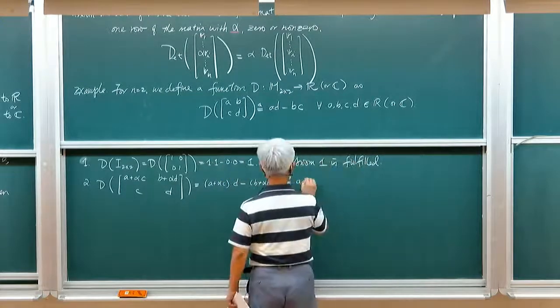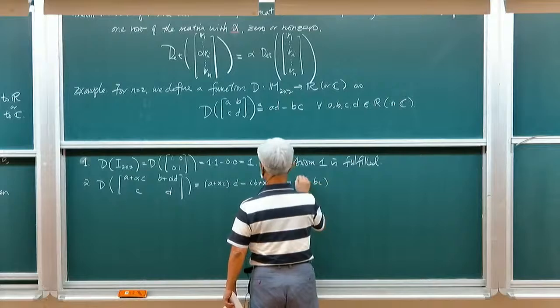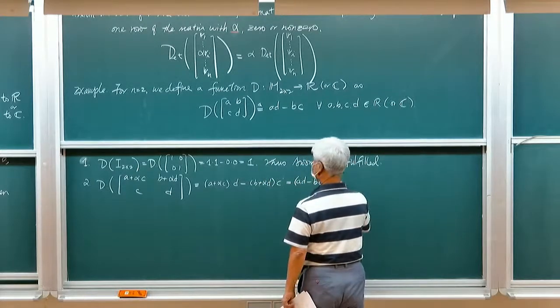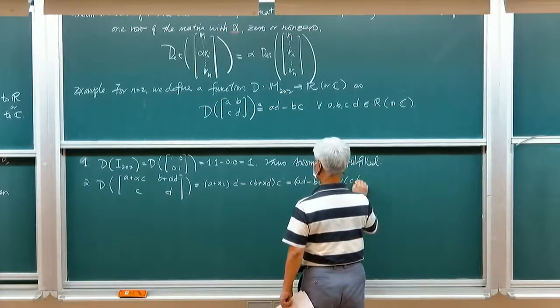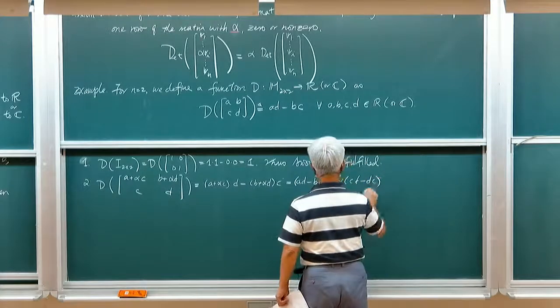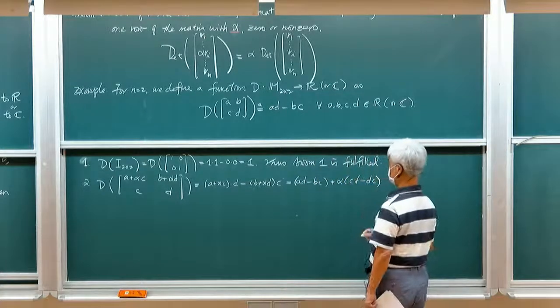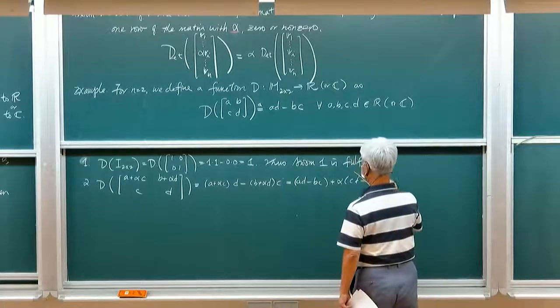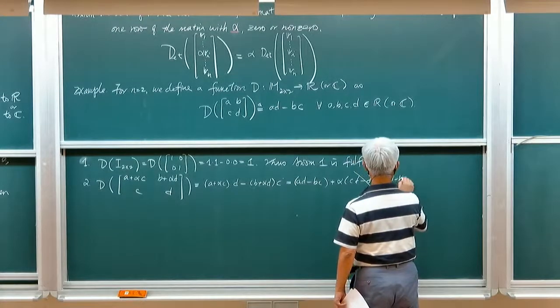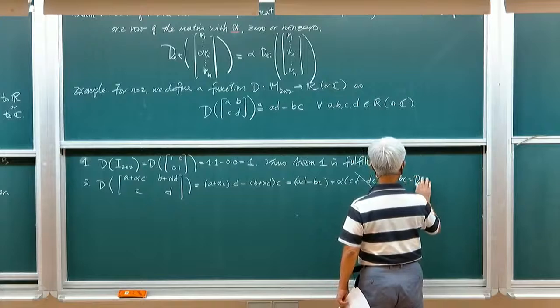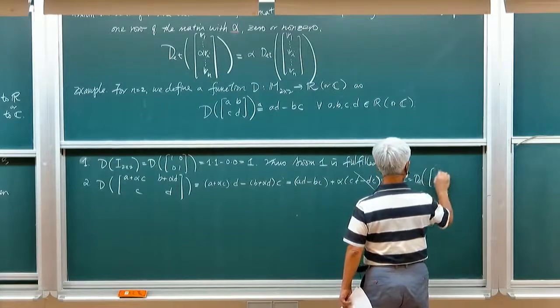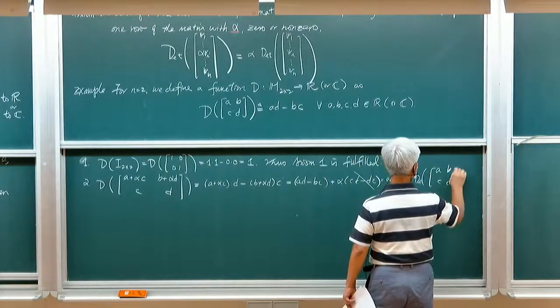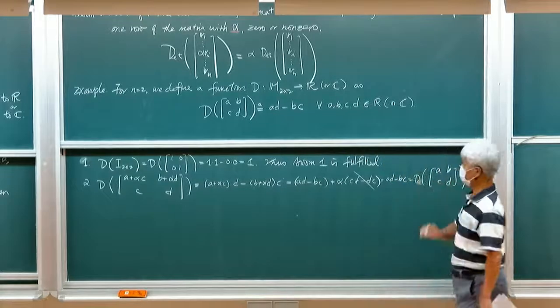This is AD minus BC plus alpha CD minus DC. And you cancel them. So you see that this is AD minus BC. So this is the D of ABCD.